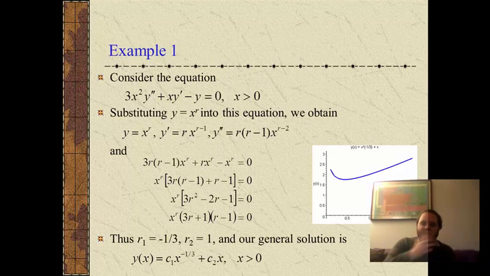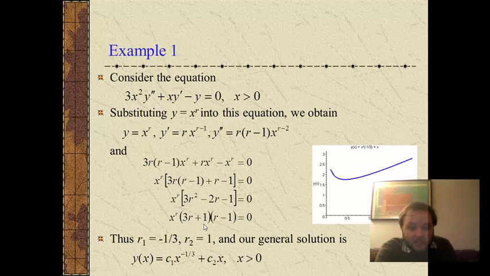And so, consider this case. I have 3x squared y double prime plus xy prime minus y is equal to 0. That means y is equal to x^r, y prime is equal to r x to the r minus 1, and y double prime is r times r minus 1 x to the r minus 2. Plug that in, you get the characteristic equation 3r squared minus 2r minus 1 is equal to 0. That can be factored, or you can use the quadratic formula.